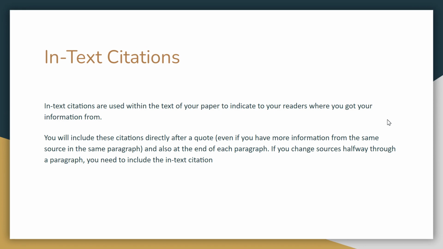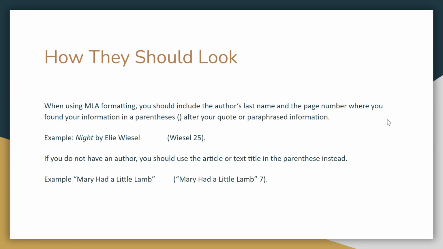These go directly after a quote or will come at the end of a paragraph if nothing is quoted specifically. And if you change sources halfway through a paragraph, then you would obviously have more than one in-text citation in those paragraphs.